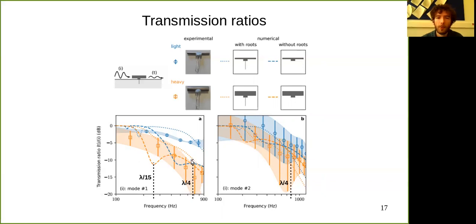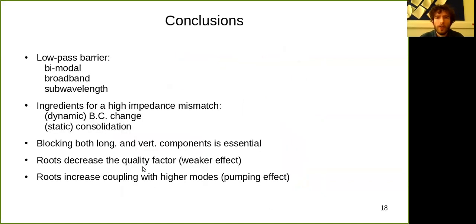And if we are smart enough to reach the qualitative behavior of the model without roots, then we can reach theoretically -10 dB as soon as lambda over 15. So as conclusions, I have shown you how these resonators can be used to build a low pass barrier that works for both modes 1 and 2 with a broadband and sub-wavelength performance.